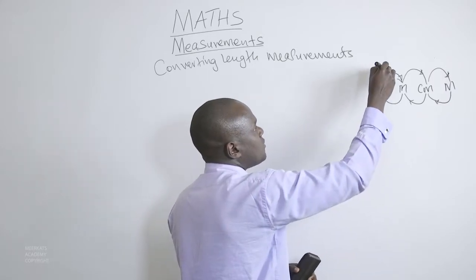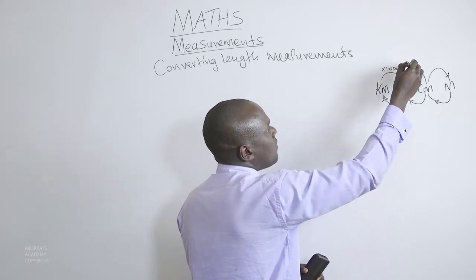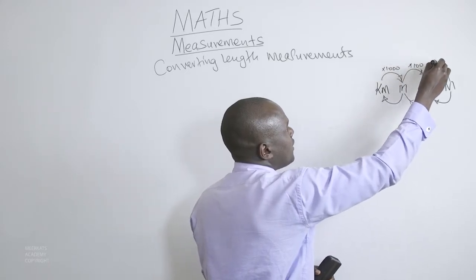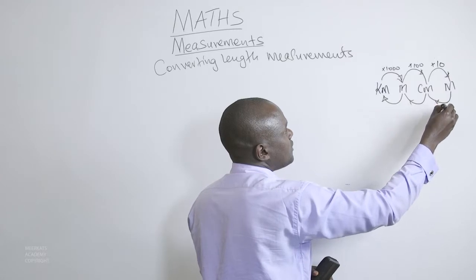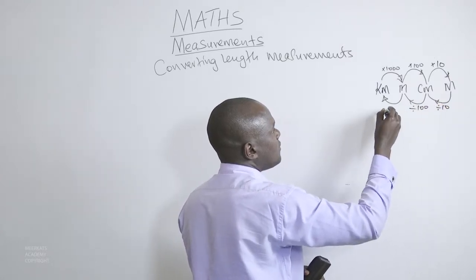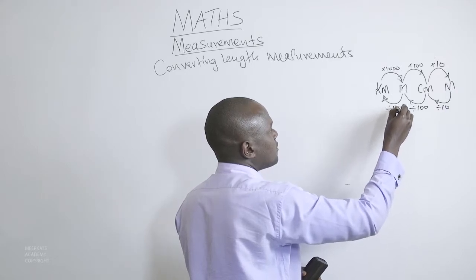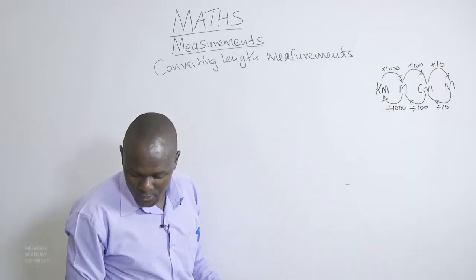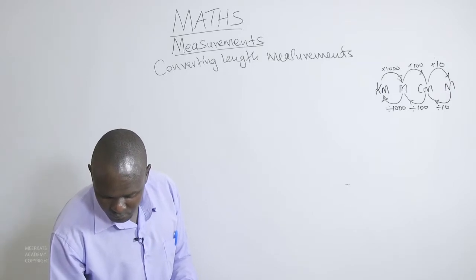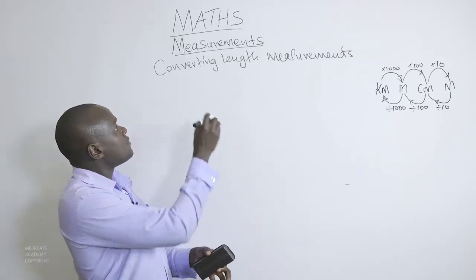So this we said is multiplication by 1,000, multiplication by 100, and multiplication by 10. This is division by 10, this is division by 100, and this is division by 1,000. Let us see how we are going to apply the same. Examples.